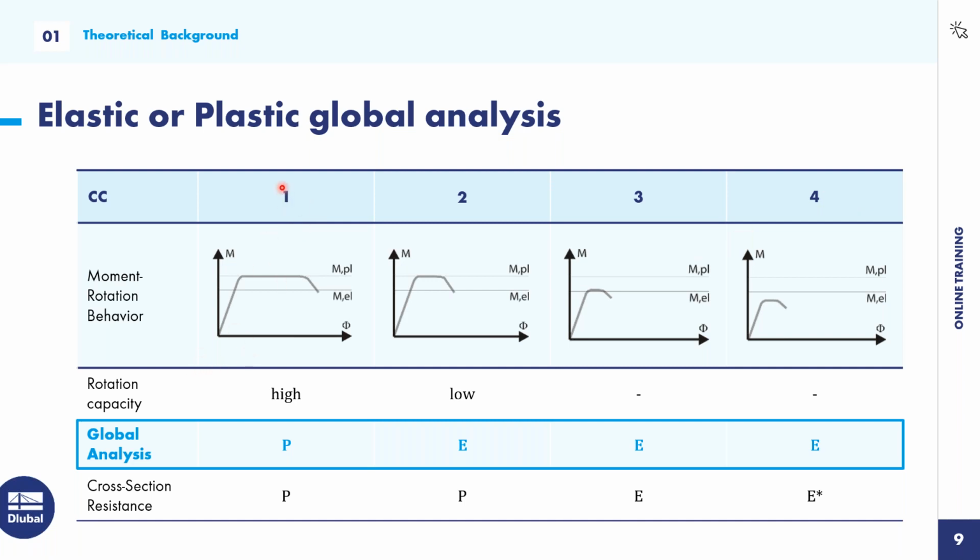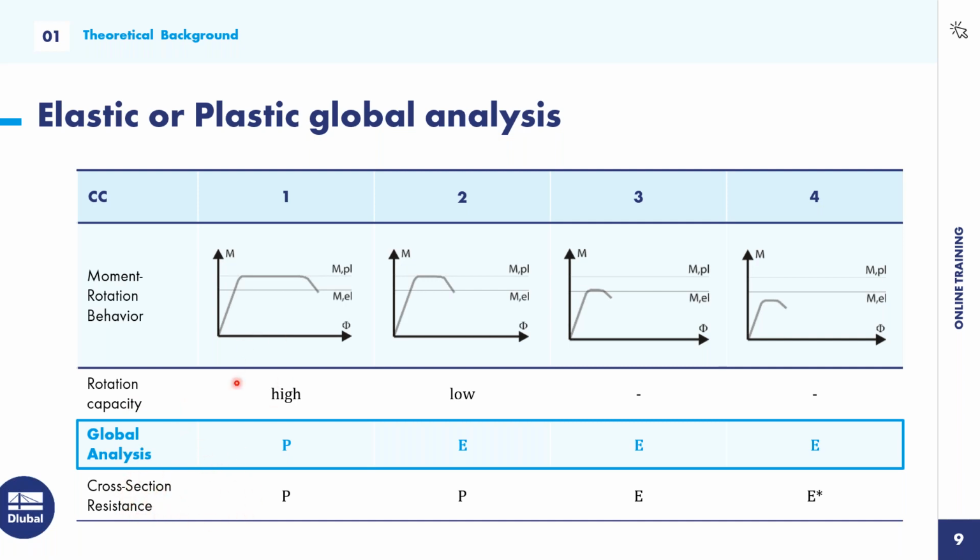And cross-section class 1 has one interesting characteristic. It has a high rotation capacity, and this also allows us to perform the cross-section design with a plastic global analysis, and also we can consider the cross-section resistance as plastic.